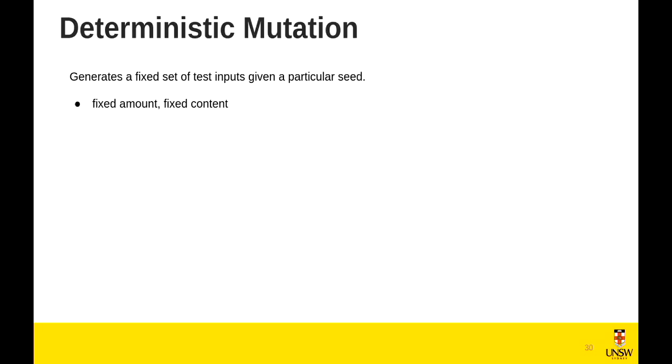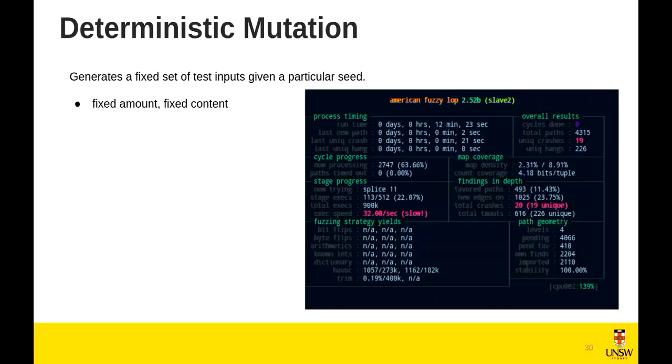Fixed means fixed amount of test inputs, and fixed content for each one of the test inputs. So we can get all the mutation operators from the UI here. The first set of deterministic mutation operators is to flip every bit of the input file one by one.